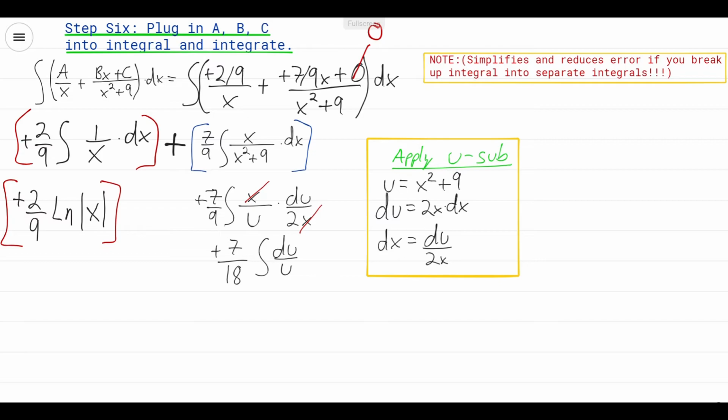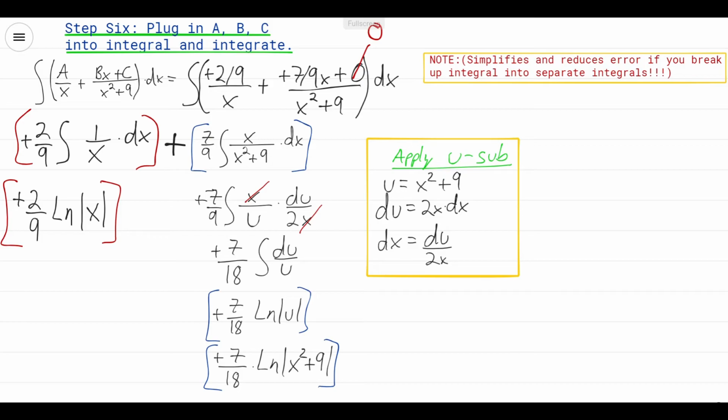Well, if you look at over here, the integral of dx over x was the natural log of x. In essence, this is also being multiplied by 1, so it's basically the same thing. So the integral of this function is plus 7 over 18, the constant, and the natural log of u. So now I'm going to substitute in what was u. So 7 over 18, the natural log of x squared plus 9, an absolute value.